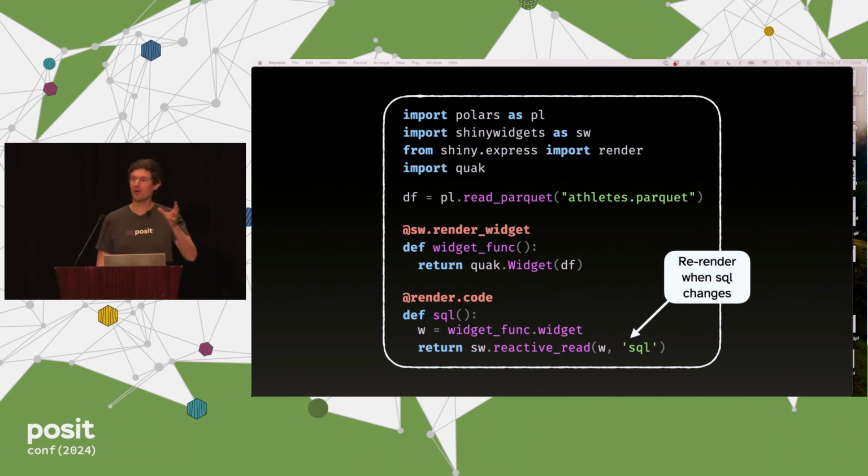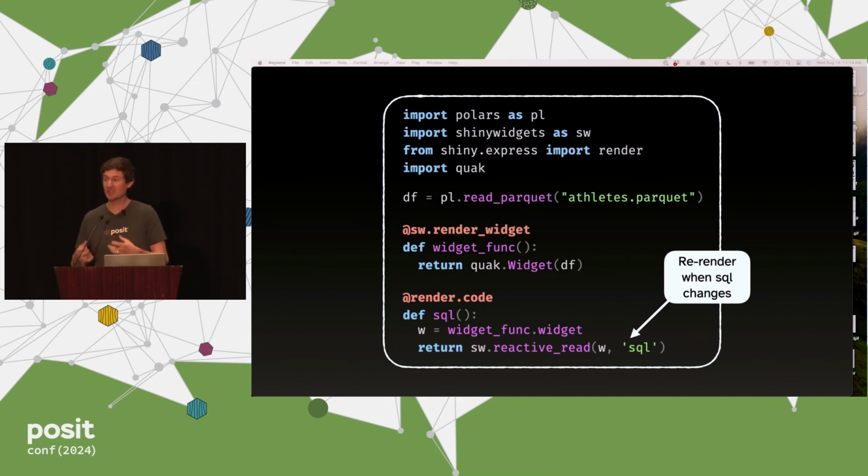Right, and if you recall the original notebook example that I showed at the beginning, we were executing a code cell that said essentially w.sql to get at the SQL statement.